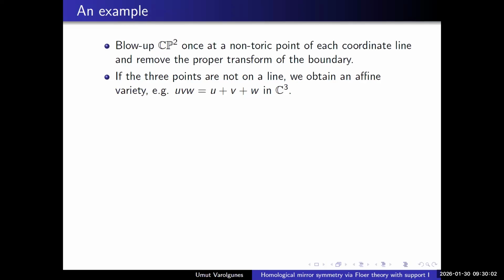Say you remove the proper transform of the boundary, but don't remove the other stuff you blew up, the exceptional curves. You just remove a point from each exceptional curve. You don't remove the exceptional curve, because then you would get back something else. Yeah, what I mean is that you just remove a point from each exceptional curve. So you added three complex planes.